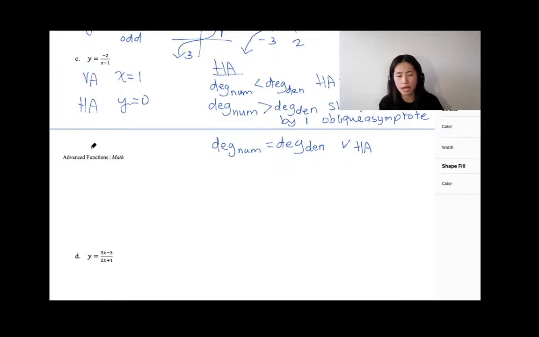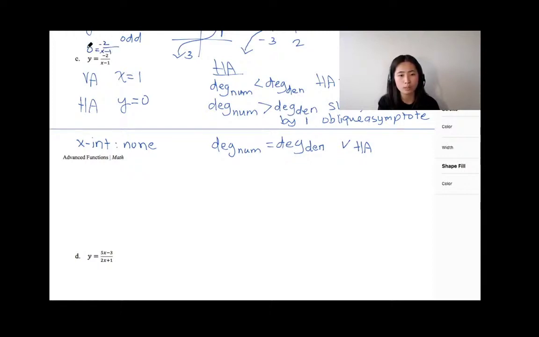So now we have the vertical asymptote and horizontal asymptote, and we also have to find our intercepts, because we have x-intercepts and y-intercepts. Maybe we can look at our x-intercepts first. The x-intercept is actually none for this particular function, because when y is 0, you have 0 equal to negative 2 over x minus 1.